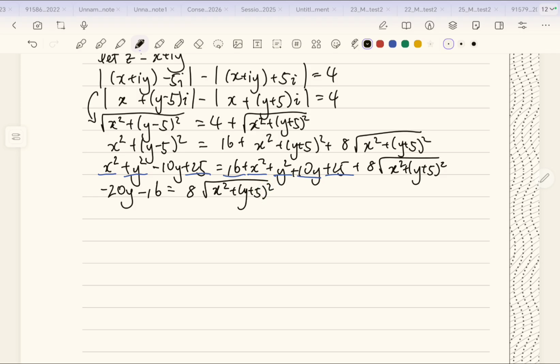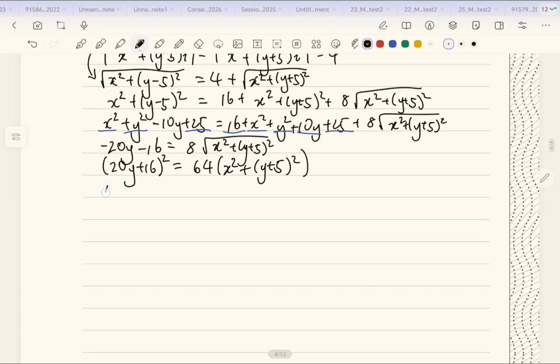Now, we're trying to get rid of this square root, so we square both sides. We can pull out a negative from both terms, so we have (20y plus 16) squared equals 64 times (x squared plus (y plus 5) squared), just by squaring both sides.